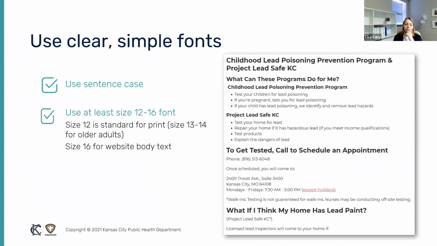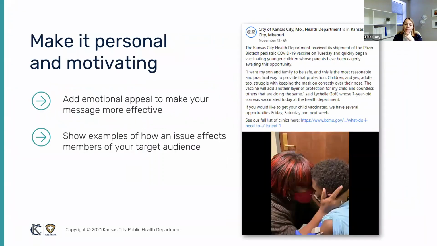With this example, this is our lead poisoning example, again, from the KCHD website. One improvement you could make is to only capitalize that first word, what, and it'll be easier to read. The reason is that studies show lower case letters are more easily recognizable by people with low literacy.